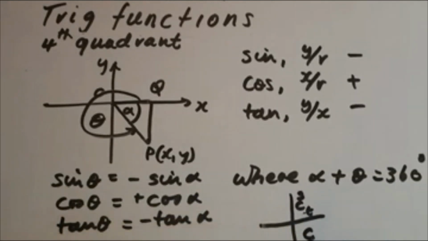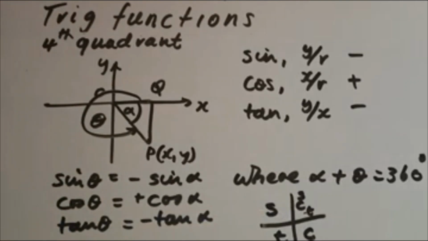Cosine is positive in the fourth quadrant, so this is 1, 2, 3, fourth quadrant. Tan in the third is positive, and sine in the second quadrant is positive.